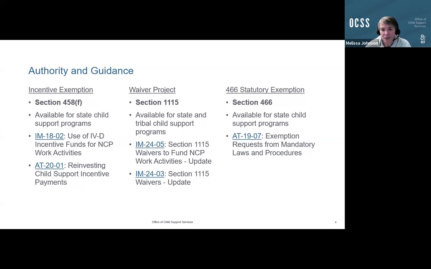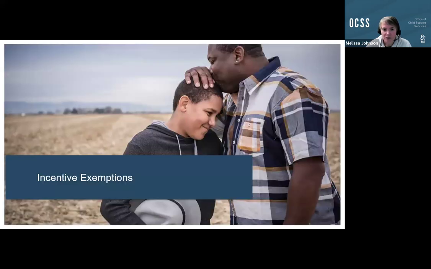In that section, there are 21 statutory requirements for state child support programs, but you can request exemptions from some of these mandatory laws by demonstrating that the enactment of the law or use of any procedure required would not increase the efficiency or effectiveness of the program. And AT 19-07 does provide more information about these exemptions. So we're going to get started, and I'm going to turn it over to Kimberly to talk about incentive exemptions.